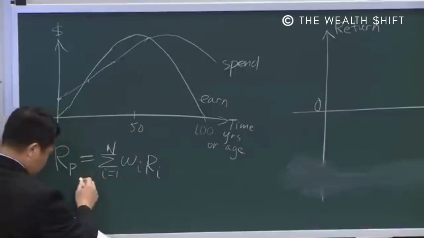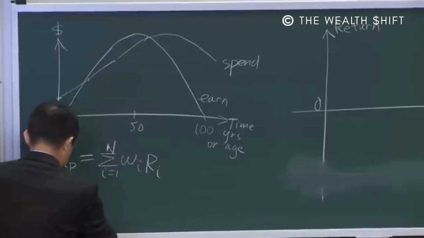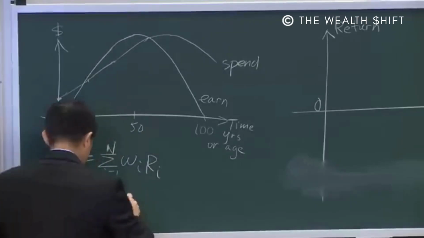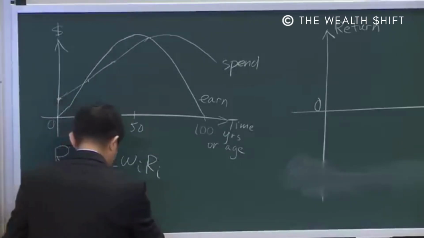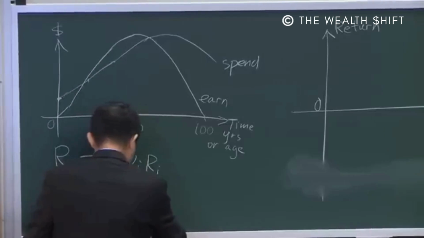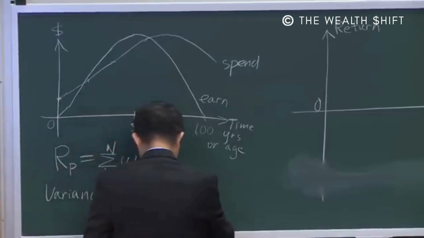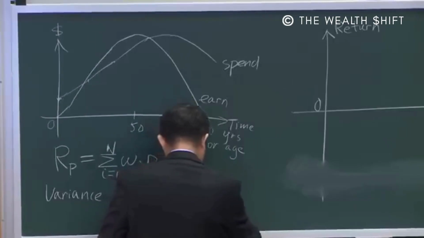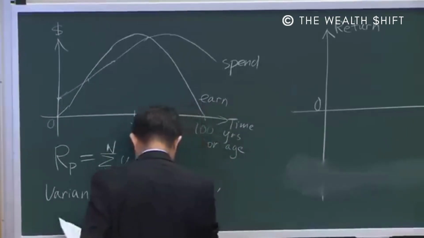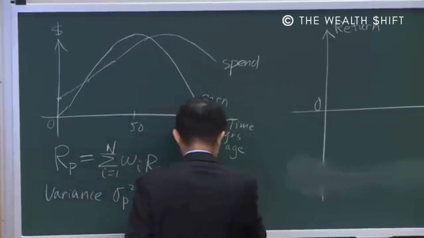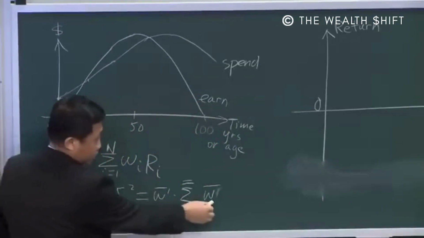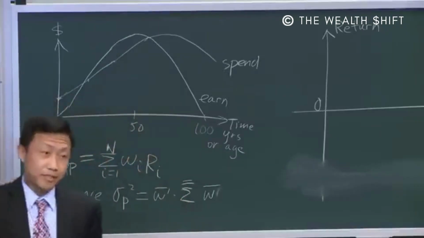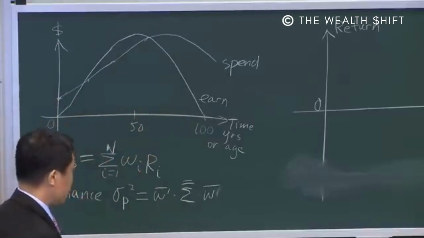Then the variance, let's just look at the variance, sigma_p squared. These are vectors. This is a matrix. The one in the middle is a covariance matrix. Okay, that's all you need to know about the math at this point.